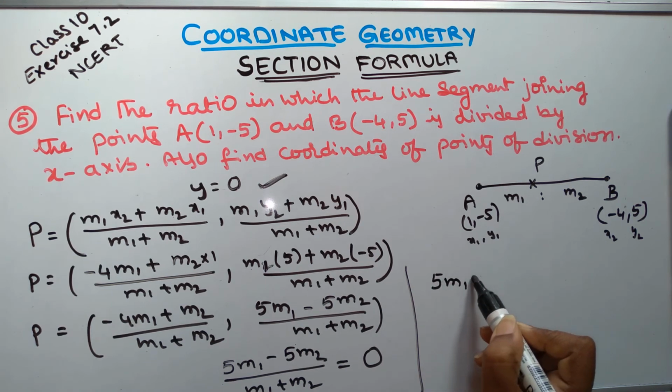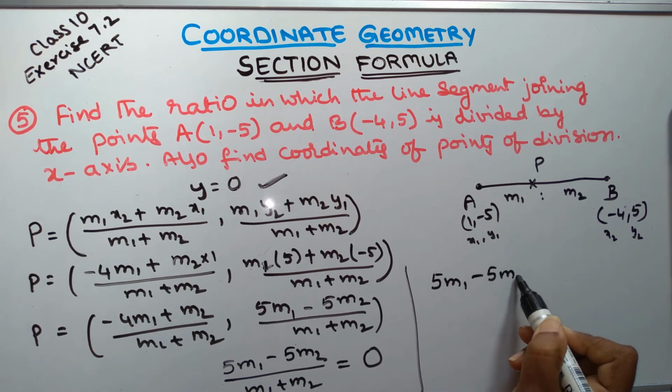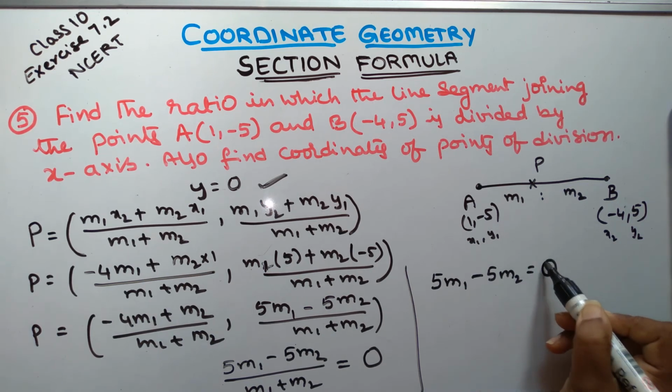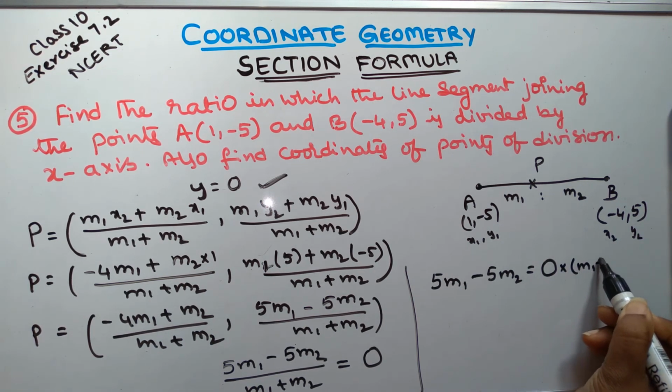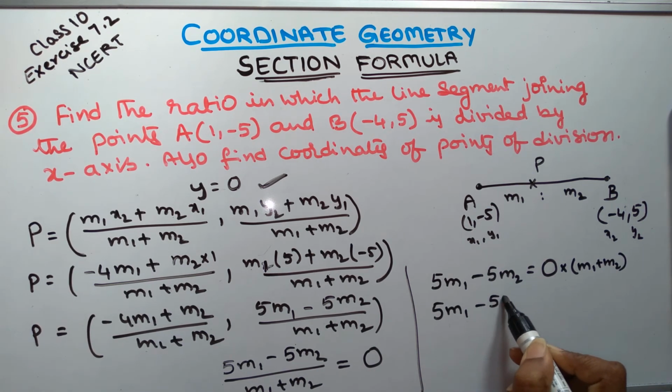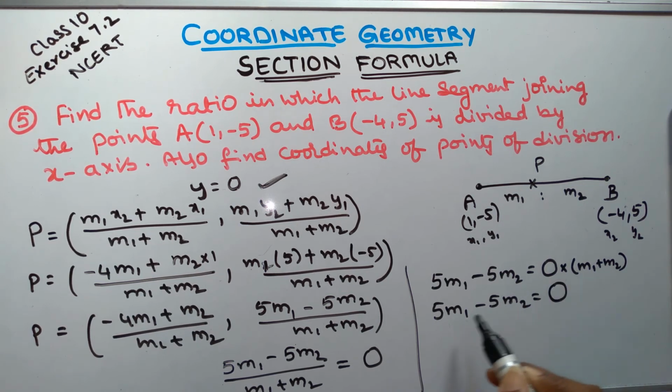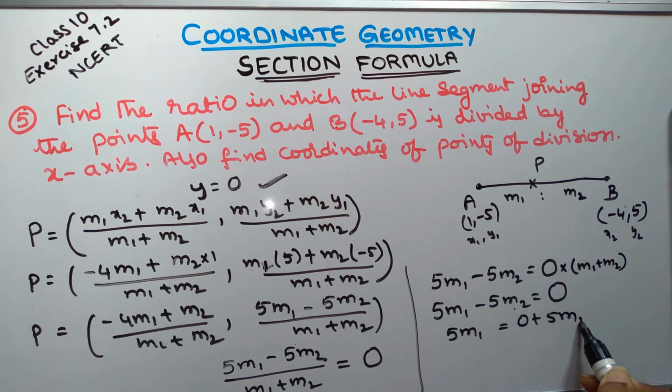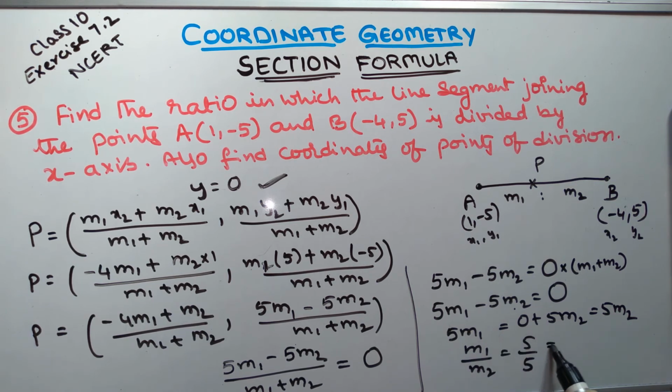Therefore 5 M1 minus 5 M2 is equal to 0 into (M1 plus M2). 0 into anything is 0, we all know that. So 5 M1 minus 5 M2 equals 0. 5 M1 is equal to 0 plus 5 M2, that equals 5 M2. So bring M2 from there to here, we get M1 by M2 is equal to 5 by 5, that equals 1 by 1. 1 is to 1 ratio.